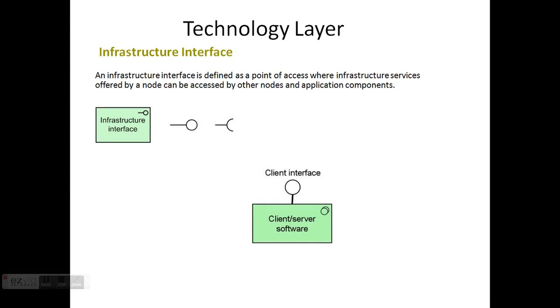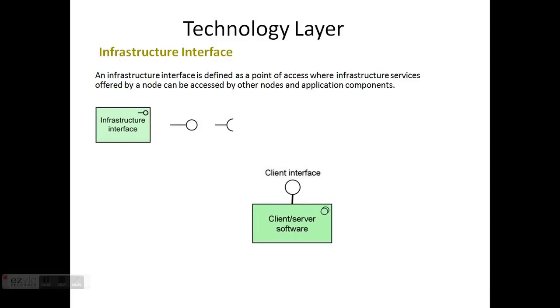The next entity that I'll be looking at is the infrastructure interface. An infrastructure interface specifies how the infrastructure services of a node can be accessed by other nodes, in other words, a provided interface, or which functionality a node requires from its environment, in other words, a required interface.